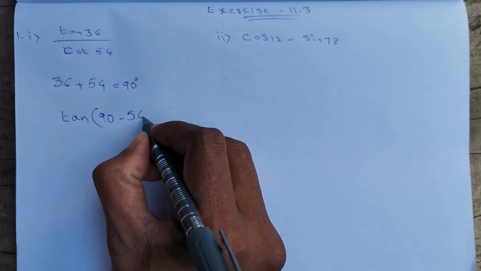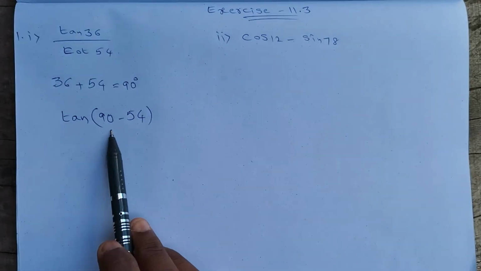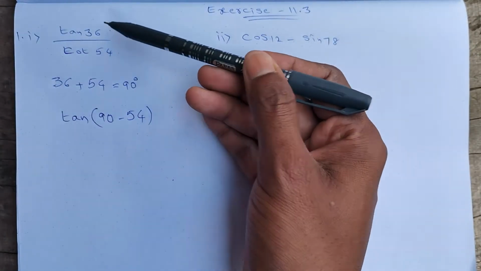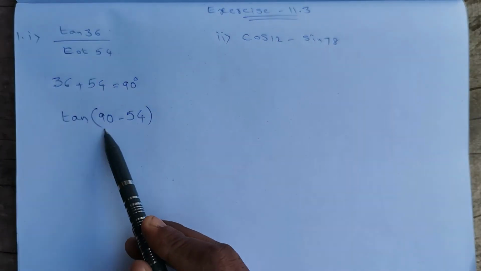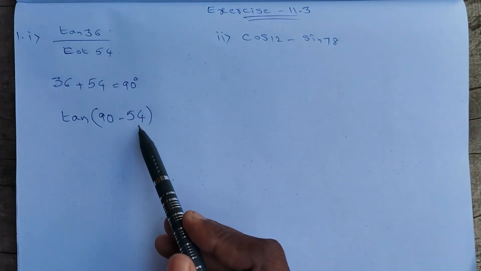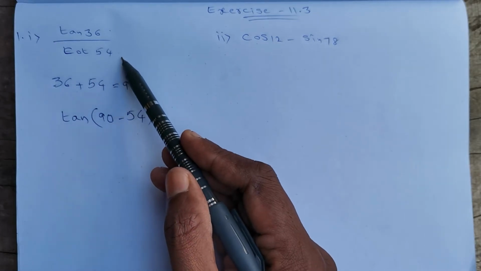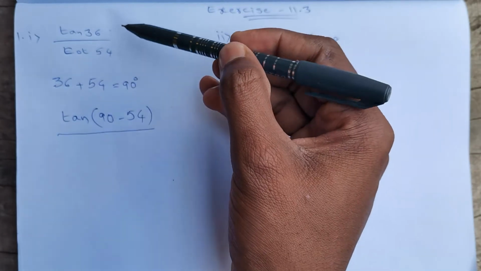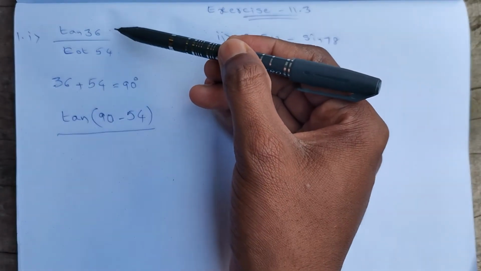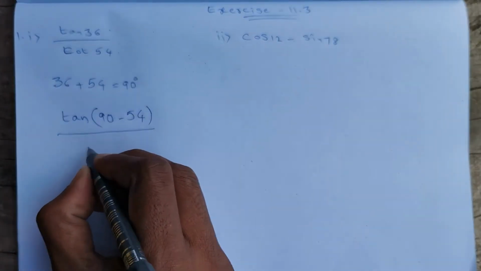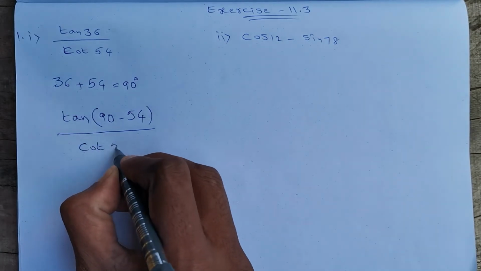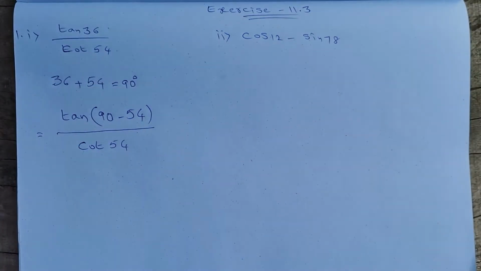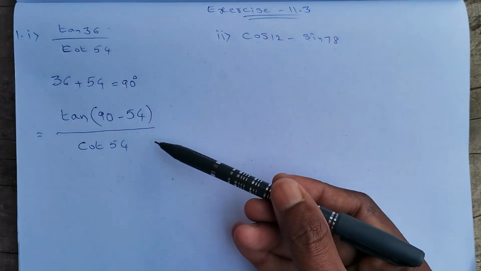So 90 minus 54, which is nothing but 36. 90 minus some number, that number also will be there as the second number here only, whole divided by. Now in this case we are changing the numerator, so we should not touch the denominator. So write it as it is, cot 54. Out of the numerator and denominator we are changing only one, that is the numerator, so the denominator I am writing as it is.